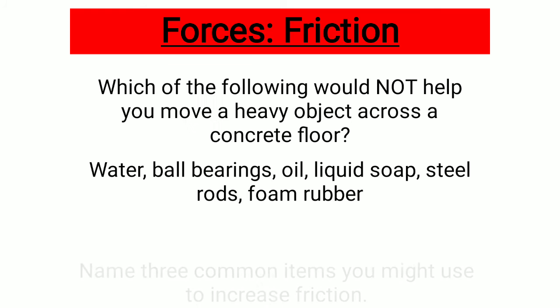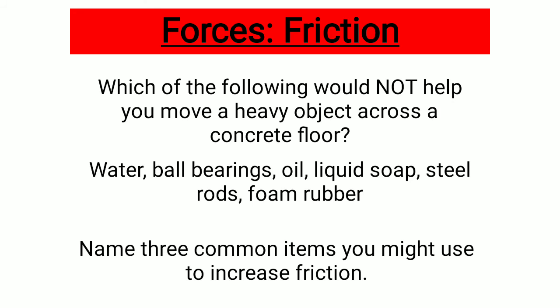Now, different things are given below: water, ball bearings, oil, liquid soap, steel rods, foam rubber. Out of all these things, the object that will not help us in reducing friction is foam rubber, because whenever we move a heavy object on foam rubber, it will not help us, because the rubber has many hills and valleys, so it will increase the friction.